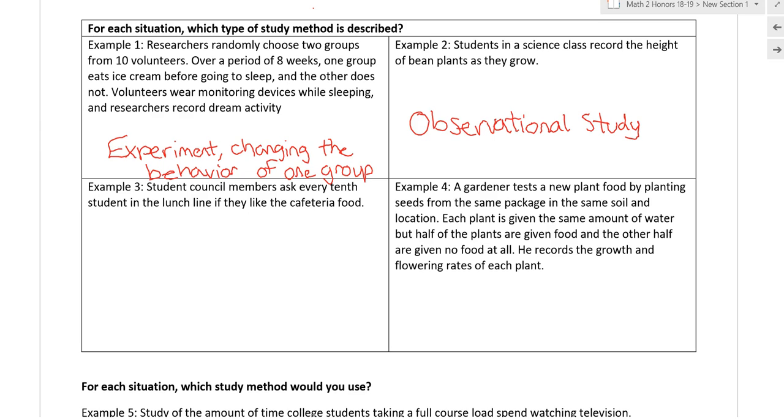Example 3, student council members ask every 10th student in lunch line if they like the cafeteria food. This is a survey. They're actually going down, they're actually asking people something. Right, we can go back to what we did in A, right? This is also a systematic sample and then a survey, right? So every study has 2 parts, right?